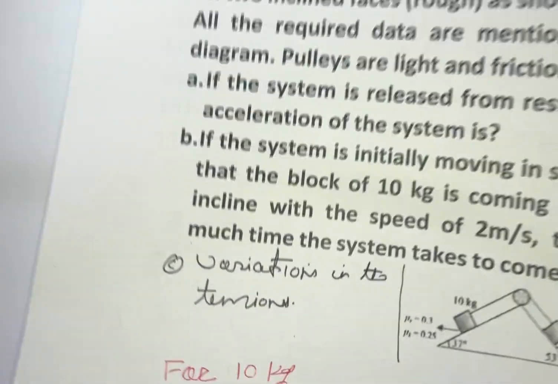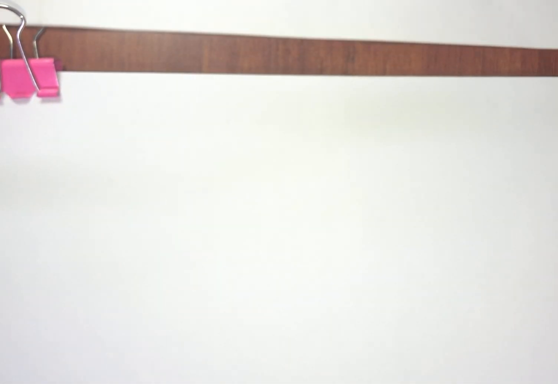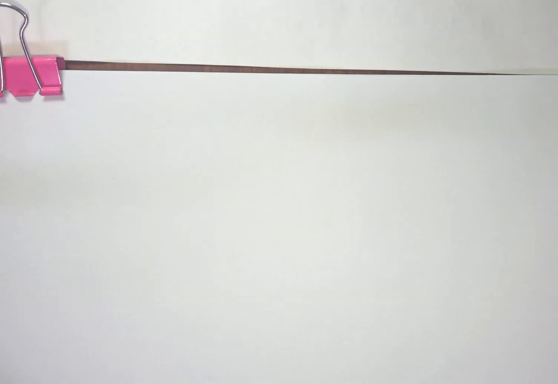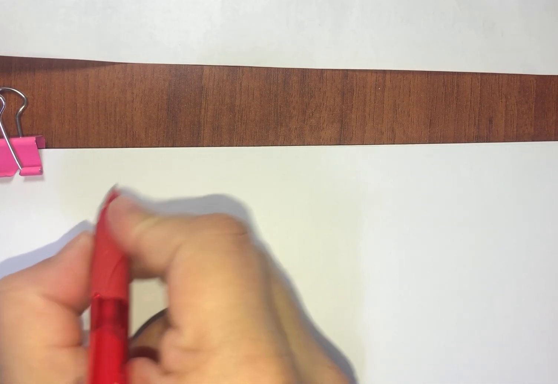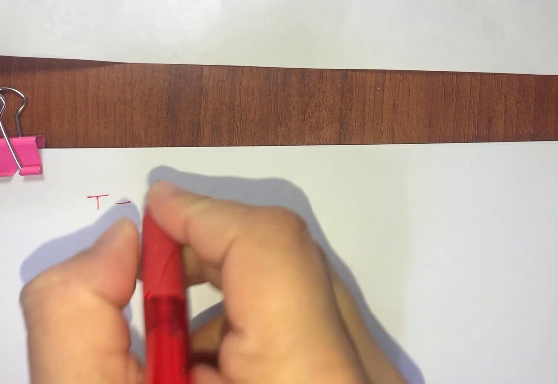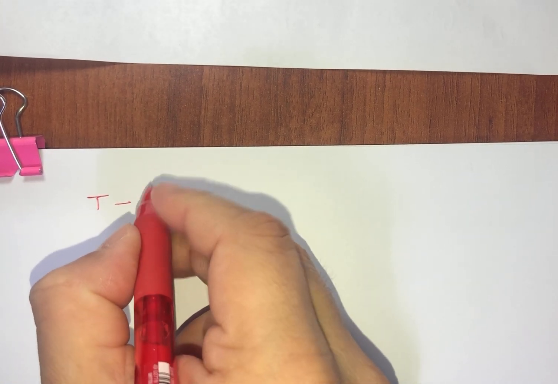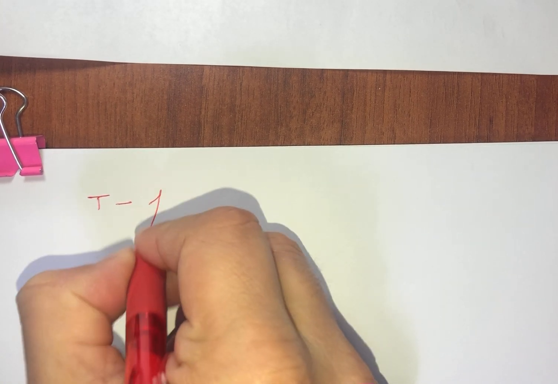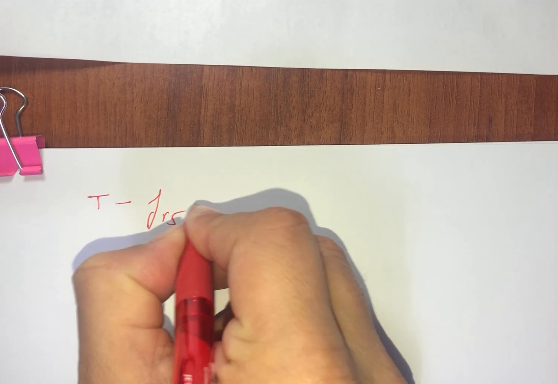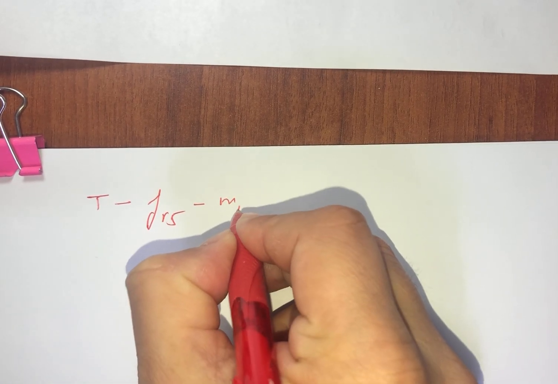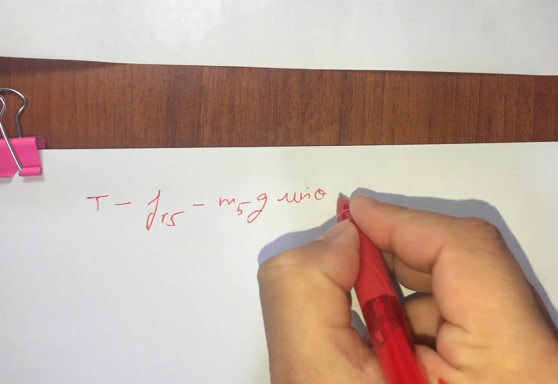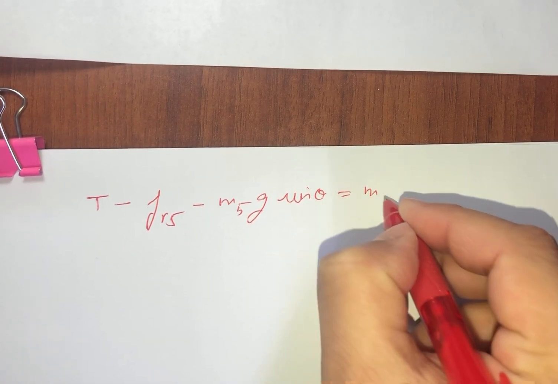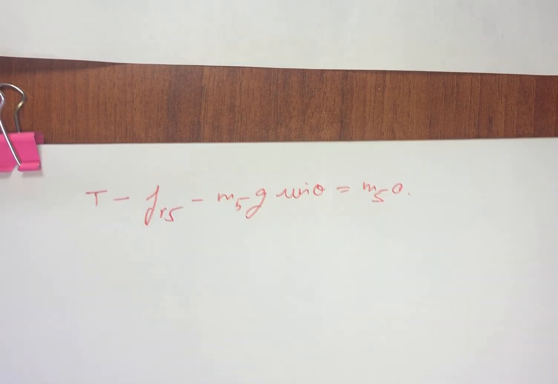So we can write the equation for the 5 kg block as well. It is moving in the upward direction with acceleration a, so this will be T minus Fr5 minus m5g sine of theta 2 equal to m5 multiplied by a.